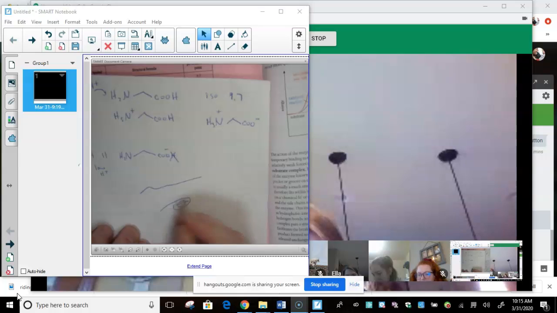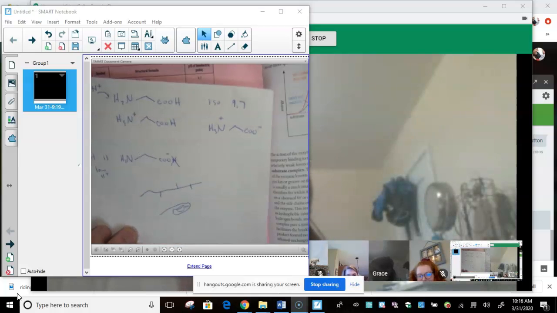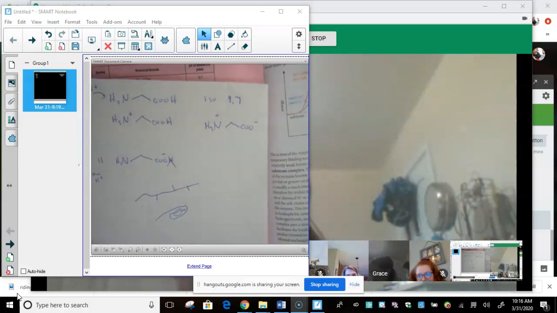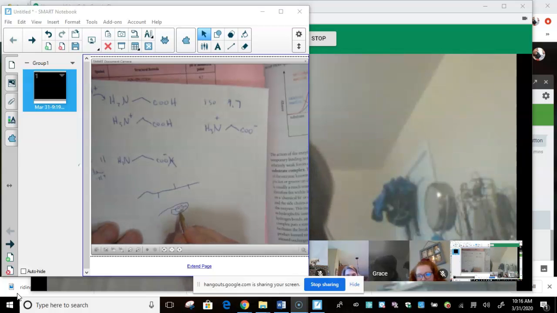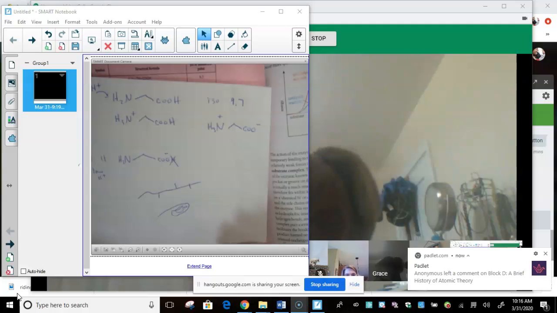So what causes it to wrap in on itself is the side chains that are hanging off of the amino acids. And essentially, a lot of the side chains that are in the center of the globular protein are hydrophobic, meaning afraid of water, being nonpolar.